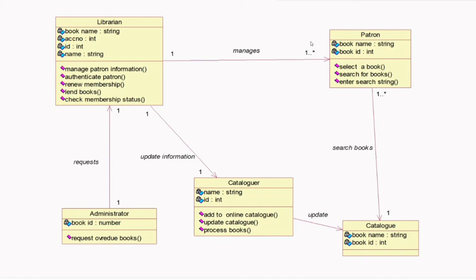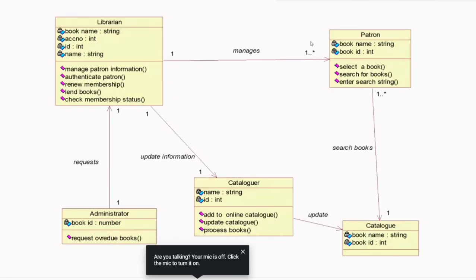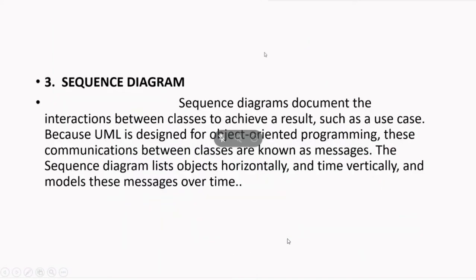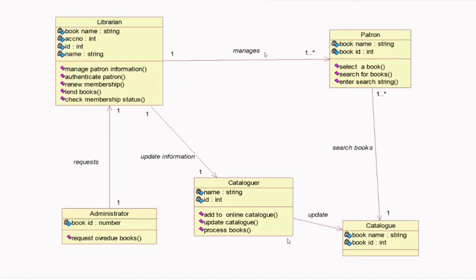Okay, any doubts, students? These are about the class diagram and use case diagram. About the sequence diagram, I'll tell you later, so you may get confused. Any doubts regarding the use case diagram and class diagram, students?